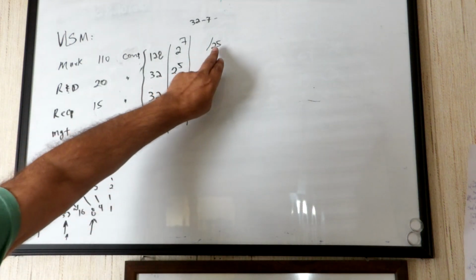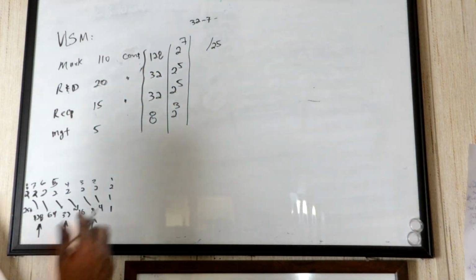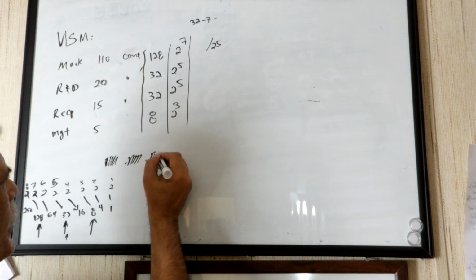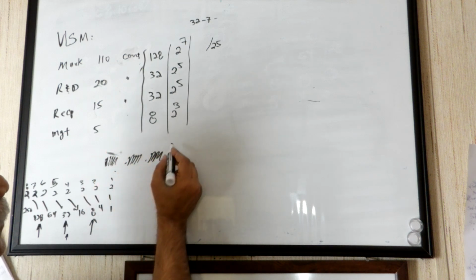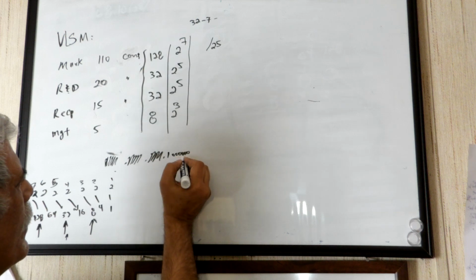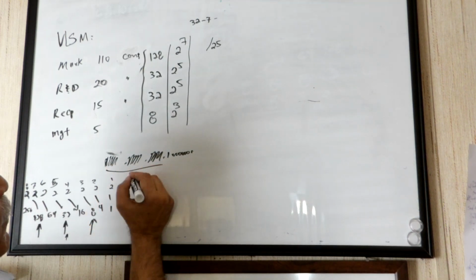There are 25 ones, these are all ones, and then this is going to be 0. See, this is 25.